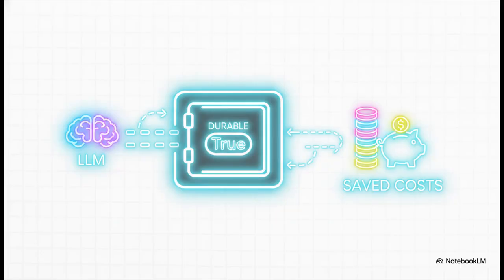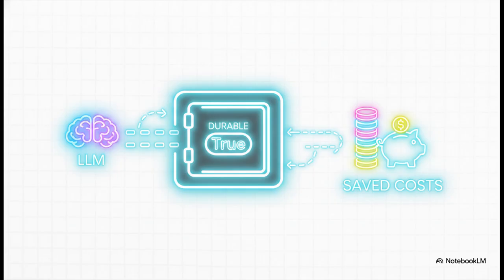Now, let's talk about durable step-level caching, because the financial impact here is absolutely massive. Simply by setting the durable field to true, you cache your large language model responses. This ensures you never pay for the same expensive generation twice on a retry. Imagine this. Your pipeline is almost finished. It's been running for a while, but the very last step fails. The worst.